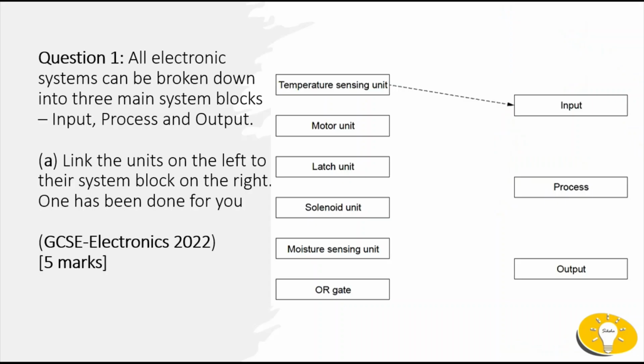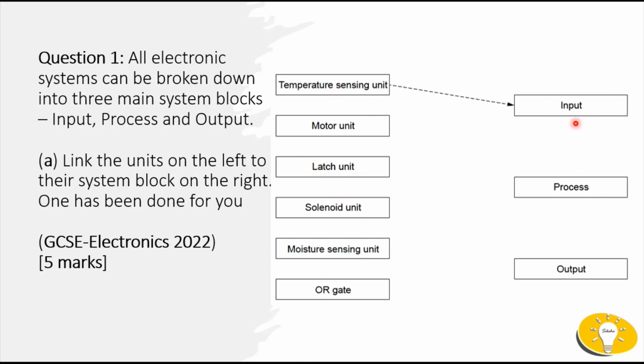The first type of question that you may get in the GCSE exam is that you will be given several units, something like temperature sensing unit, motor unit, and many other sensors, processors, and outputs.